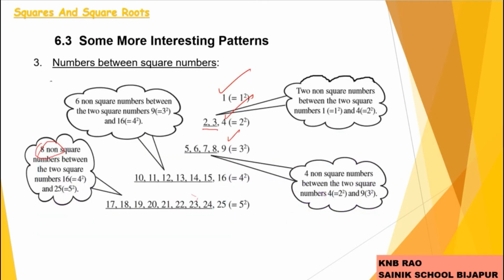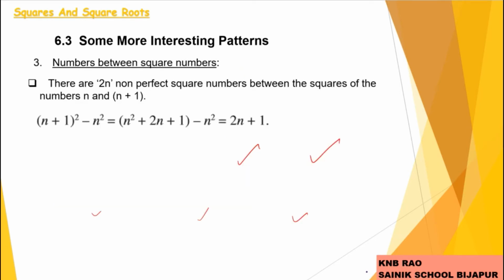I gave you the third pattern, the number of non-square numbers between two successive perfect squares. We learned that there are 2n non-perfect squares between the square numbers n square and n plus 1 square.